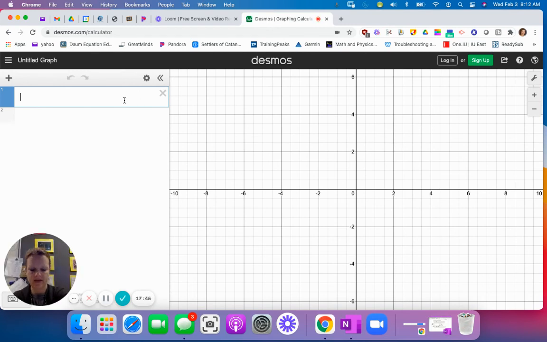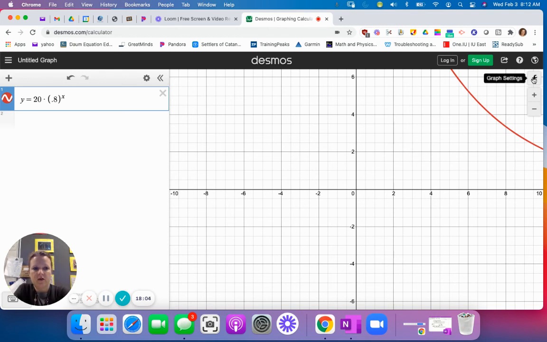So we are at y equals 20 times 0.8, 8/10, raised to the x. Here's how we change our window.